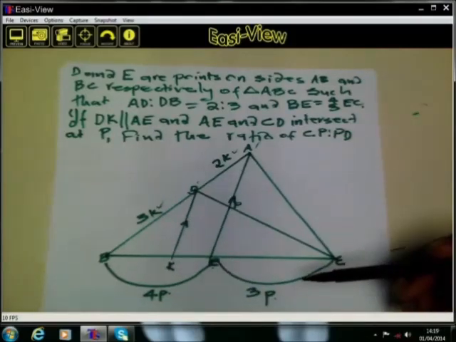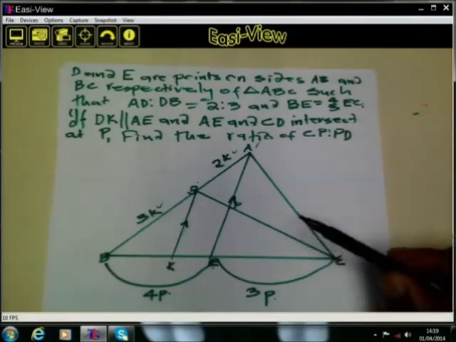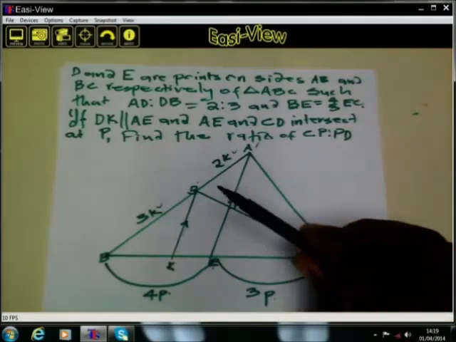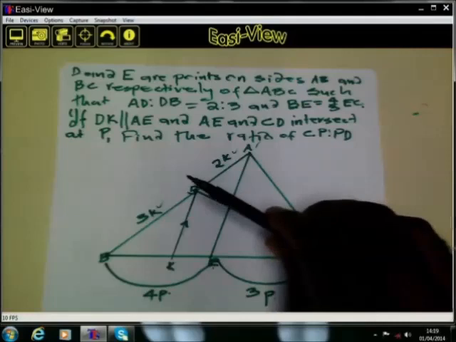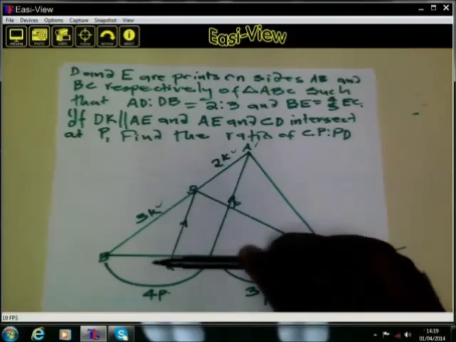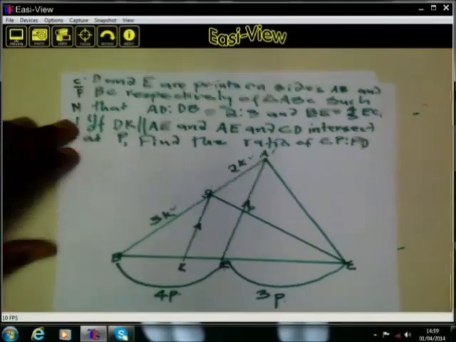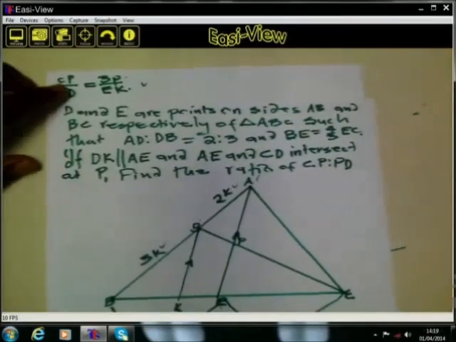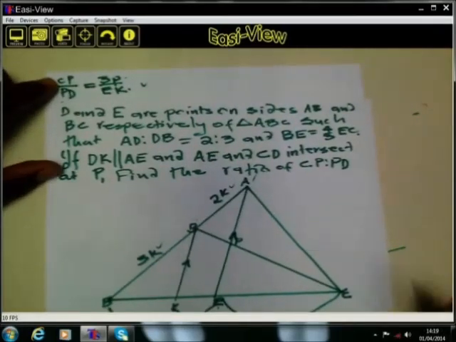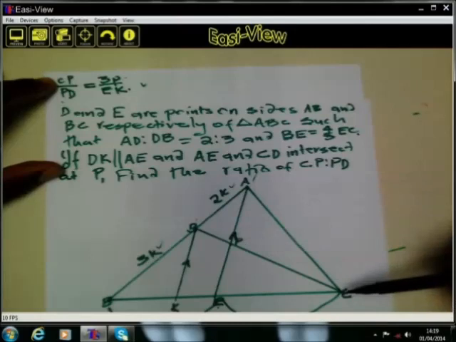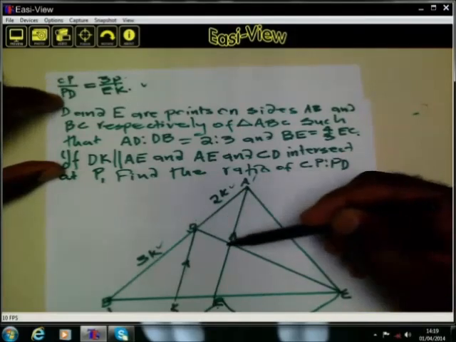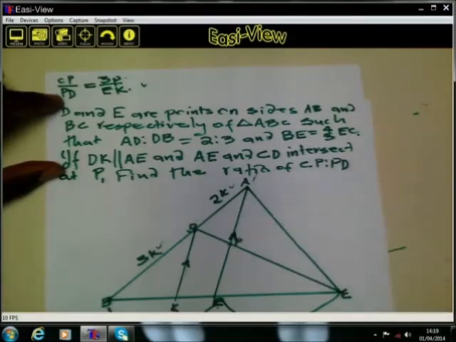So whatever you are going to do must show the proportionality between this side and that side. That's why, if we look at CP over PD, that must be equal to the side which is in proportion to that.